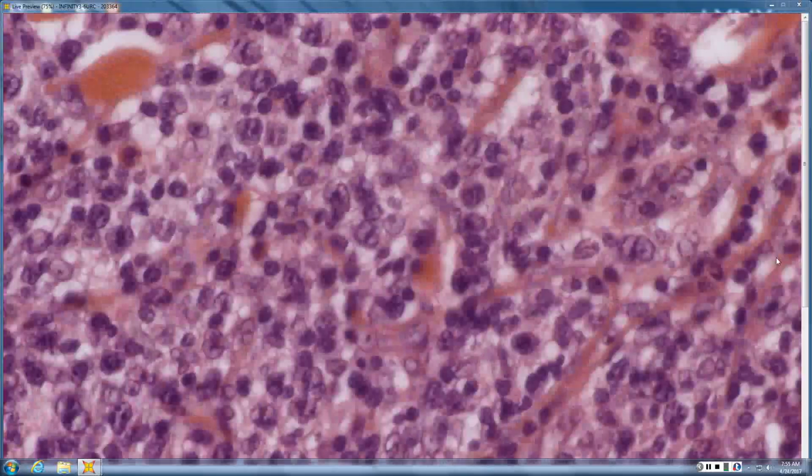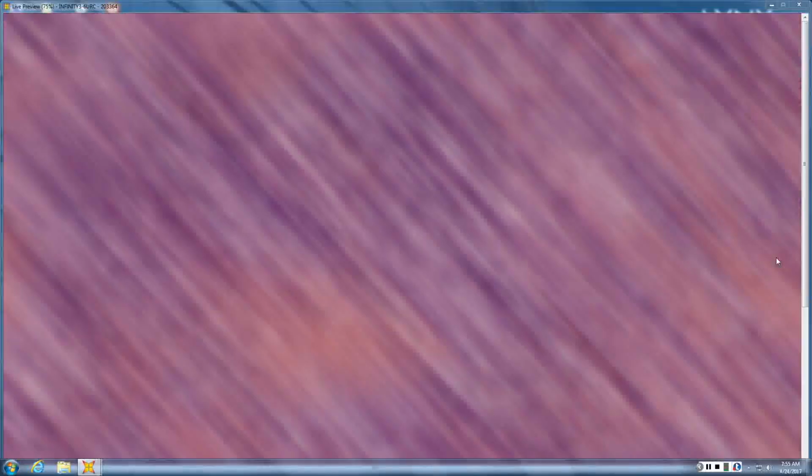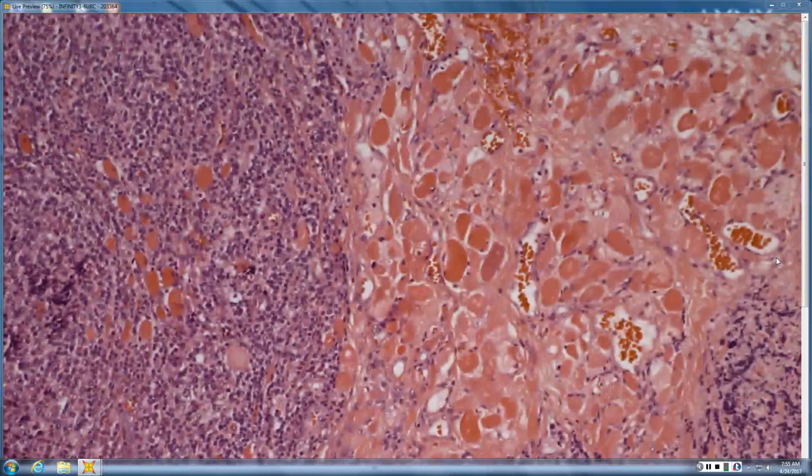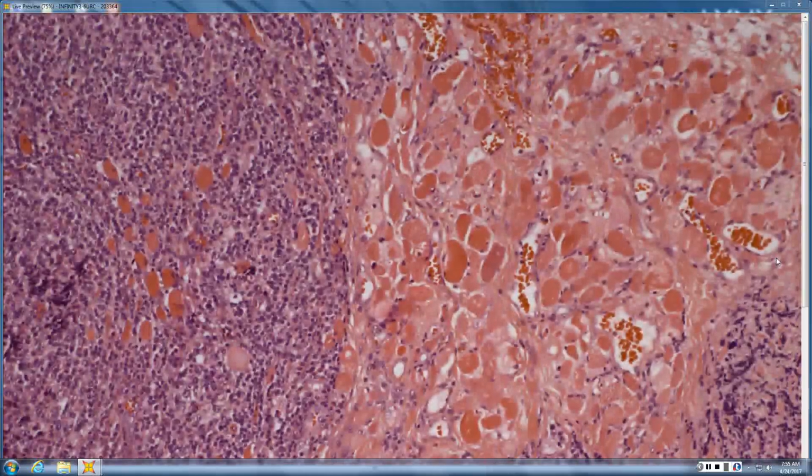Actually, most of them look blast-like in this particular example. So let's see how it stained. Oh, you can also see the striated muscle, suggesting that this is head and neck. This particular one is an eyelid mass. And so this is the report you get back.